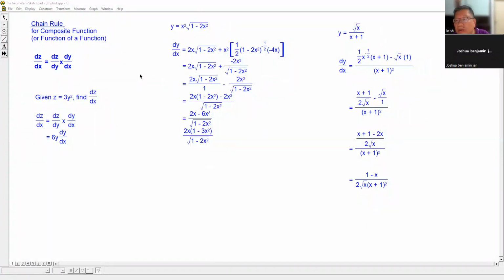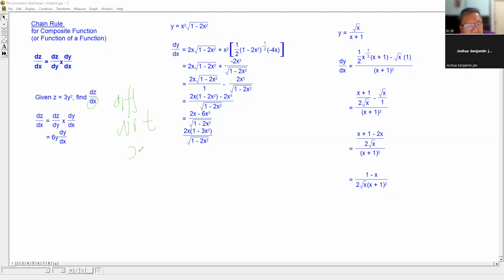So now the question asks you to find dz over dx. If you see the x at the bottom there, whatever is at the bottom, that means they ask you to differentiate with respect to this one at the bottom.